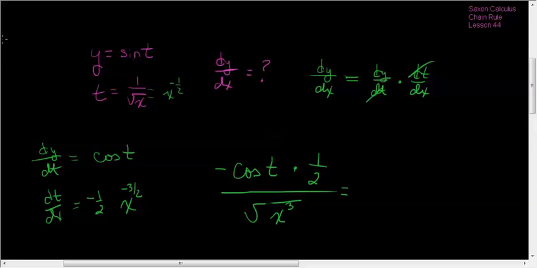So we end up with just negative 1/2 cosine of t, and t is 1 over the square root of x, so cosine of 1 over the square root of x divided by x cubed, which is really x times the square root of x. I don't know if our textbook carried it out that way. x times square root of x.